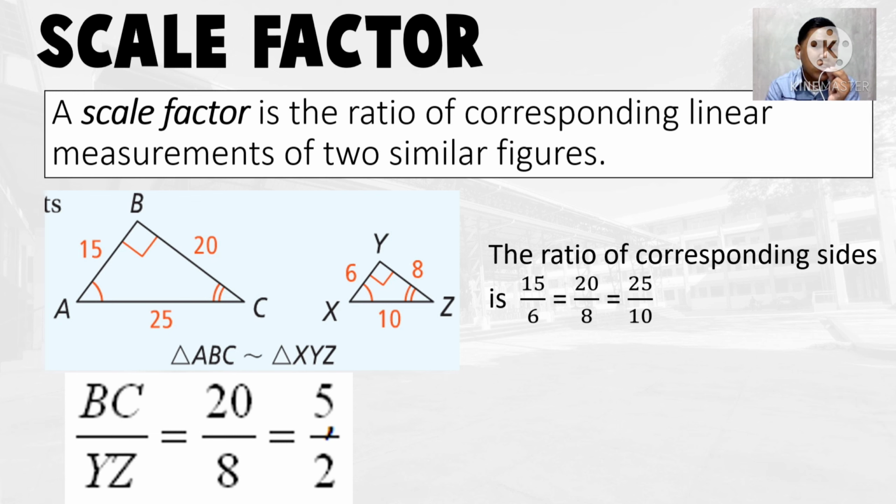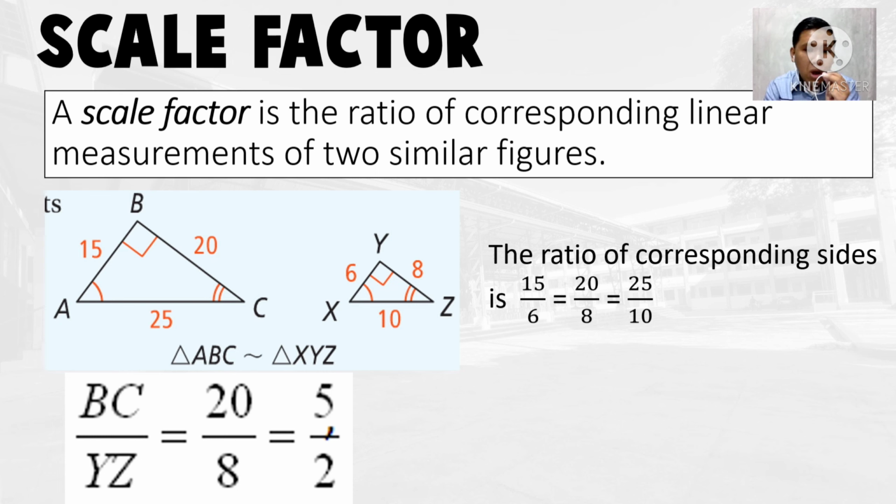What is the greatest common factor of 20 and 8? Could you please share with us what is the greatest common factor of 20 over 8? That is 4. So we have to divide 20 and 8 by 4. So that is also 5 over 2. And of course, the greatest common factor of 25 over 10 is 5.